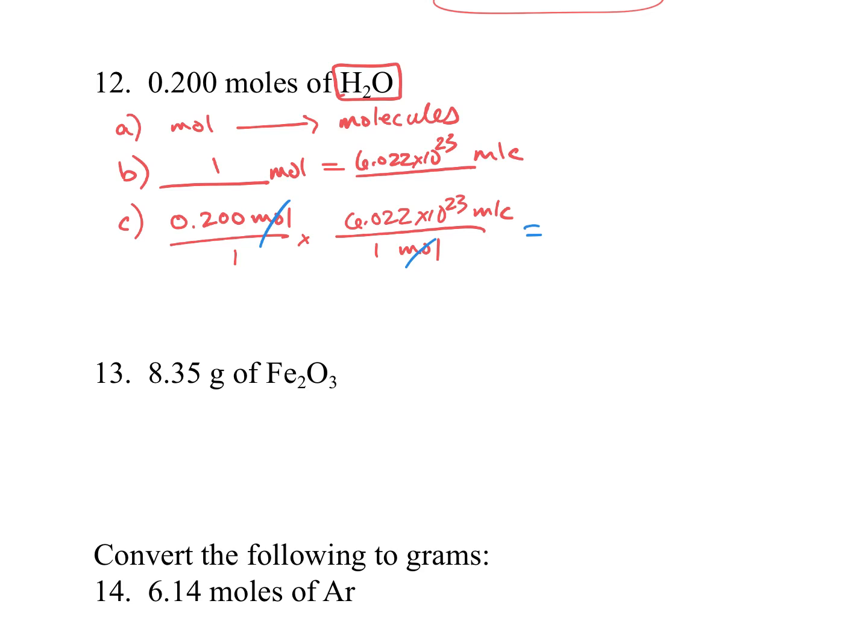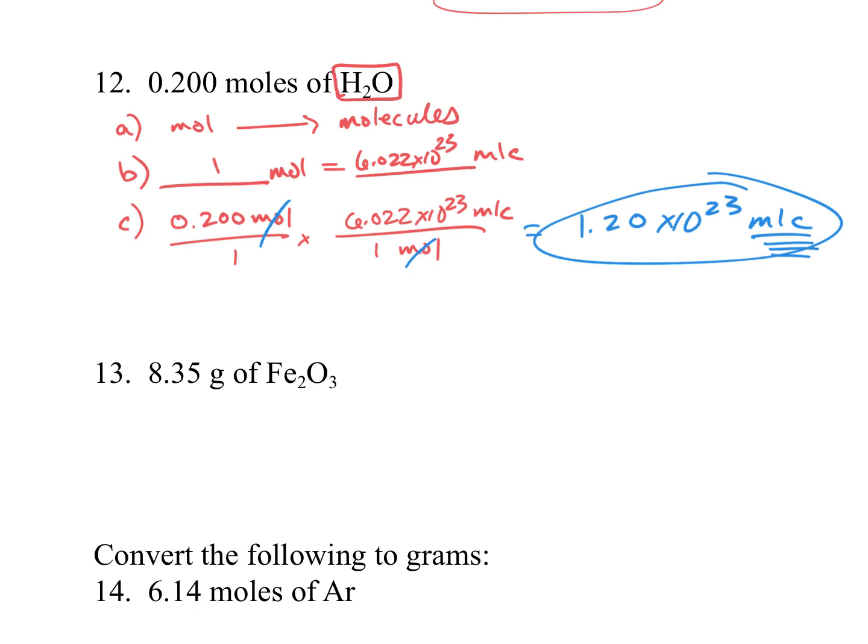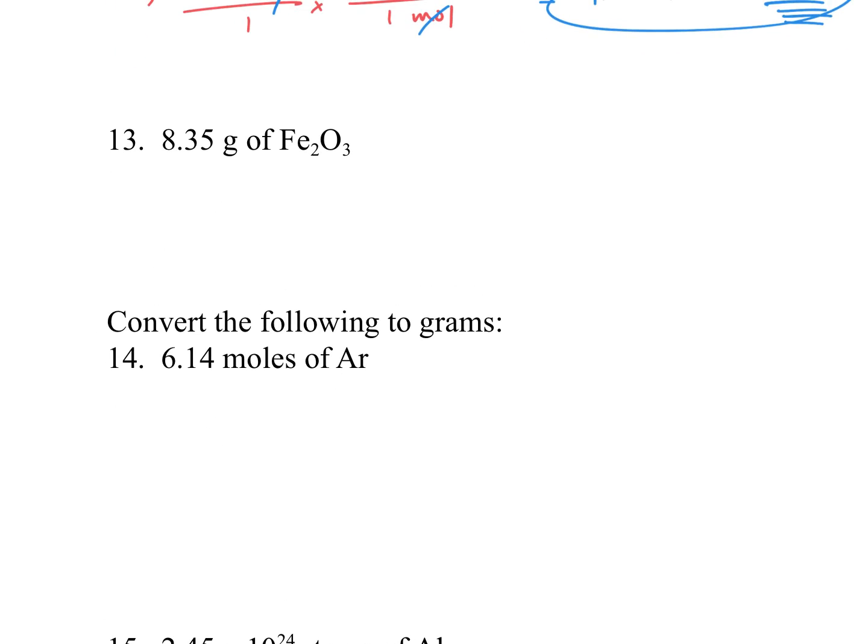So 0.2 times 6.022 times 10 to the 23rd is 1.20 times 10 to the 23rd molecules. So it's important that you end with units. So anytime you have a number without a unit, that answer is incomplete.